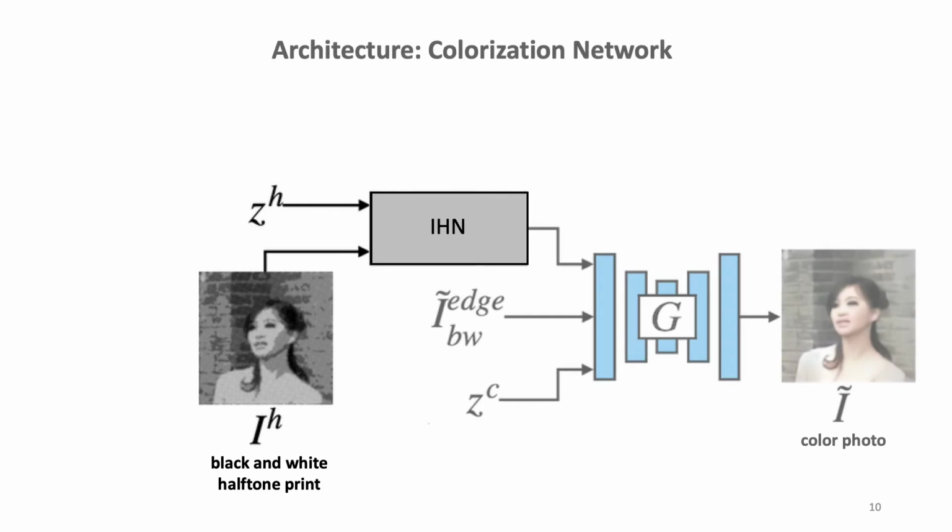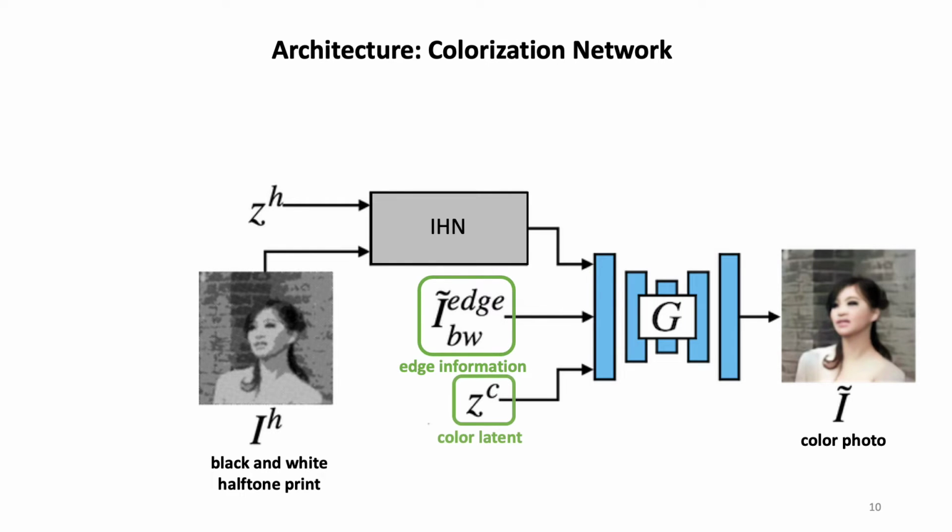Then we freeze the IHN and connect it with the colorization network G.